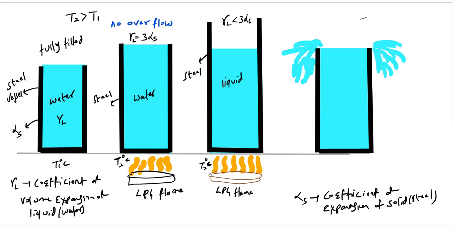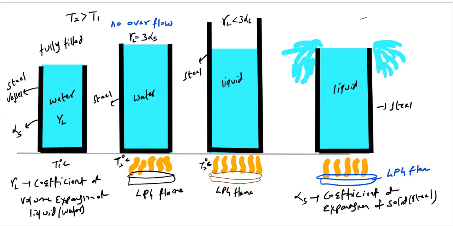Next, I have another situation. Another liquid I'll fill up. So initially we'll assume that instead of water, it is some liquid, fully filled up. I'll raise the temperature. So again, how to raise the temperature? The LPG flame will supply the heat, or the Bunsen burner will supply it.